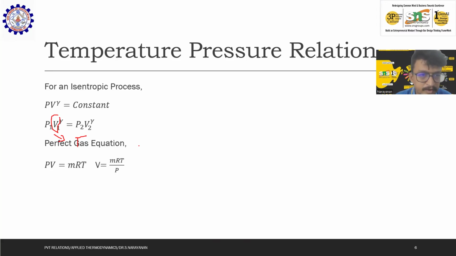PV equal to mRT and V is equal to mRT by P. We are going to substitute this instead of volume in this equation. So the equation will become P1 into (mRT1 by P1) whole power gamma equal to P2 into (mRT2 by P2) whole power gamma.